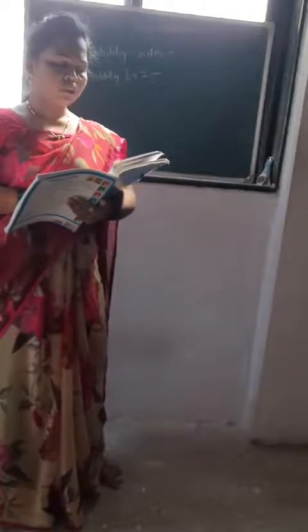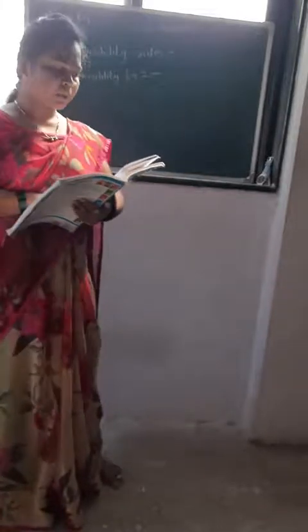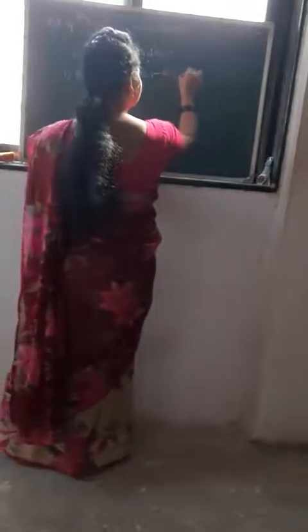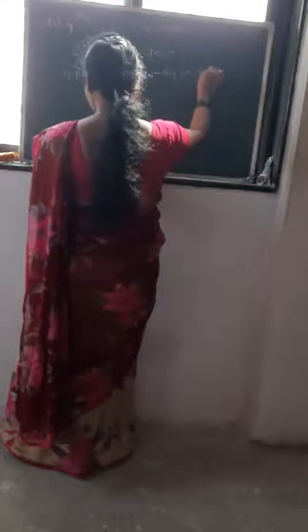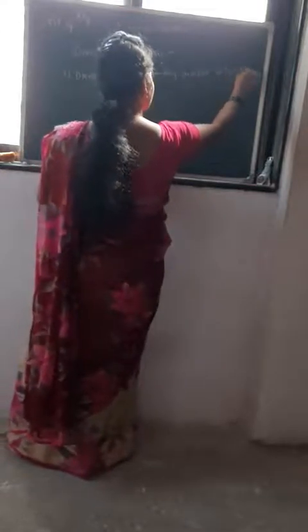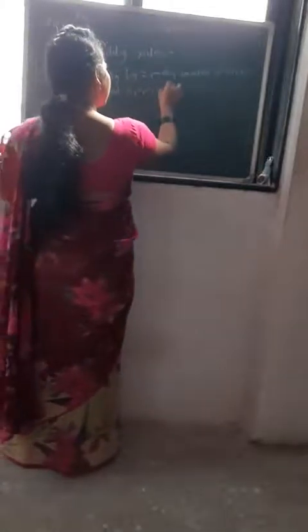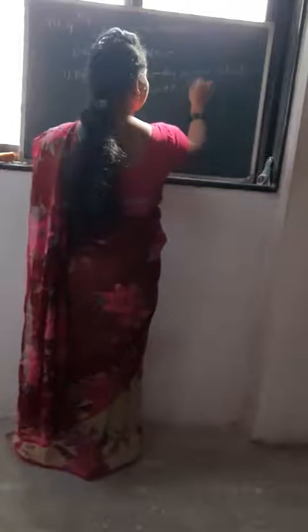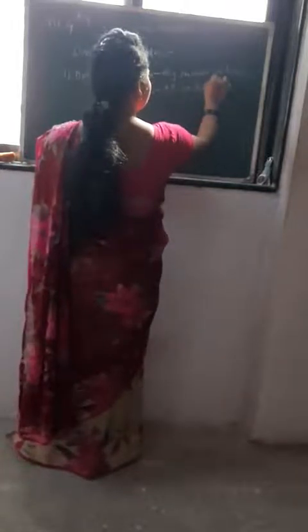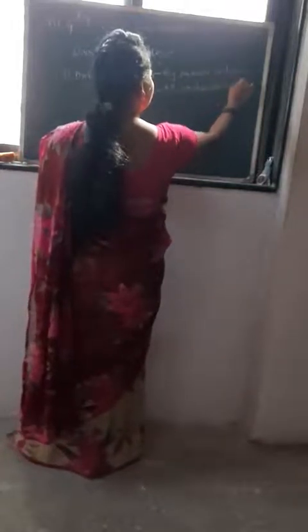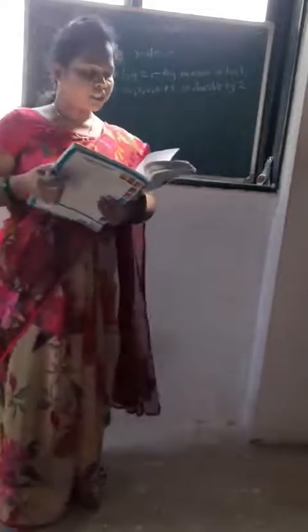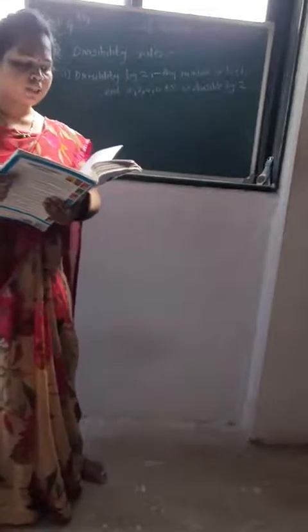0, 2, 4, 6 and 8 is divisible by 2. Any number which ends with 0, 2, 4, 6 and 8 is divisible by 2.